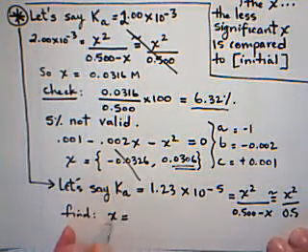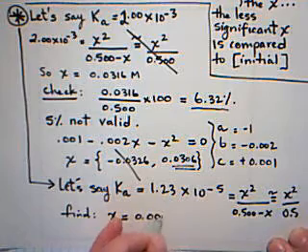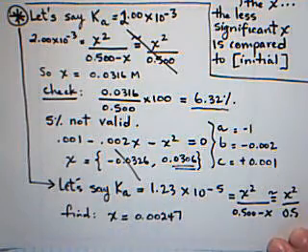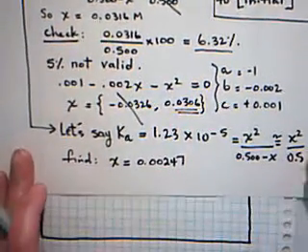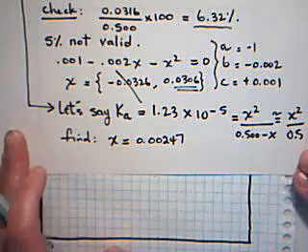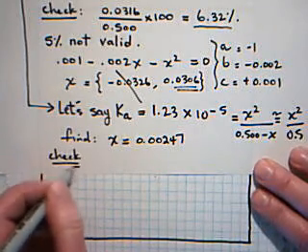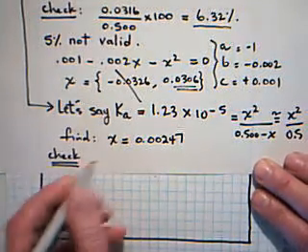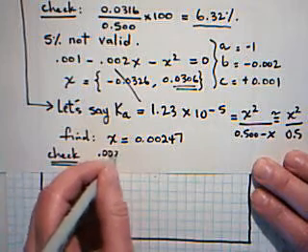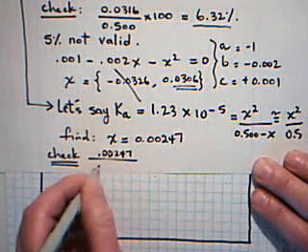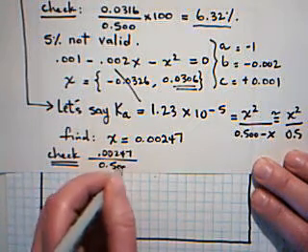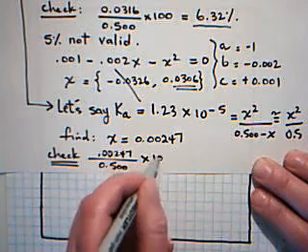We find that x is equal to 0.00247. Whenever we find x using this 5% rule, this assumption, we need to check the validity of the 5% rule. So let's take this change and put it over the initial value. That's a fraction. Let's make it a percent.